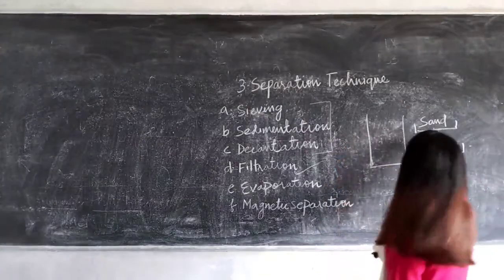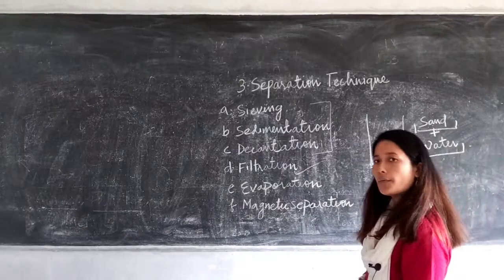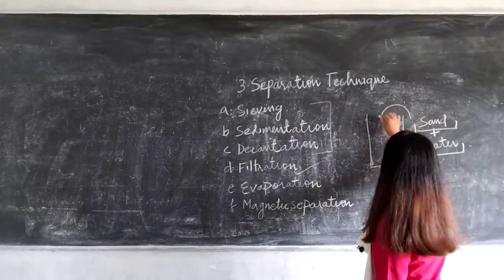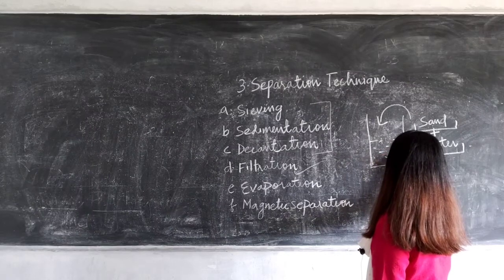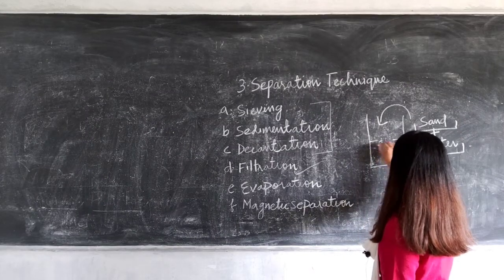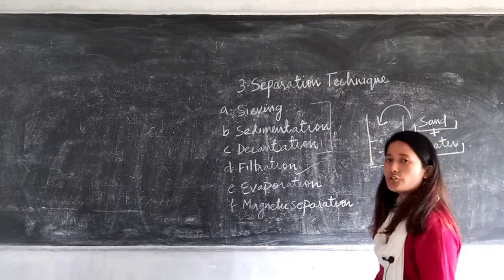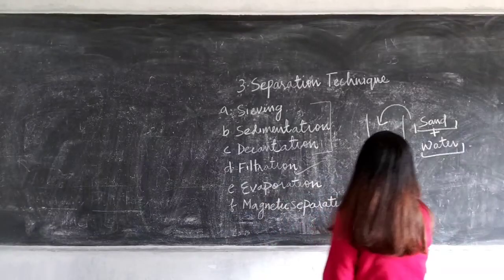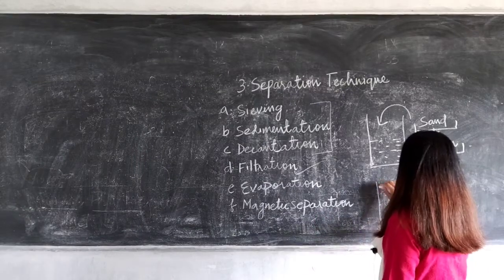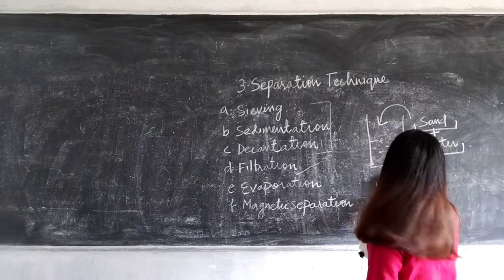So we will take a sand and water mixture and put it in a beaker. We will put the muddy mixture, because how would the appearance of these two together look? Muddy.